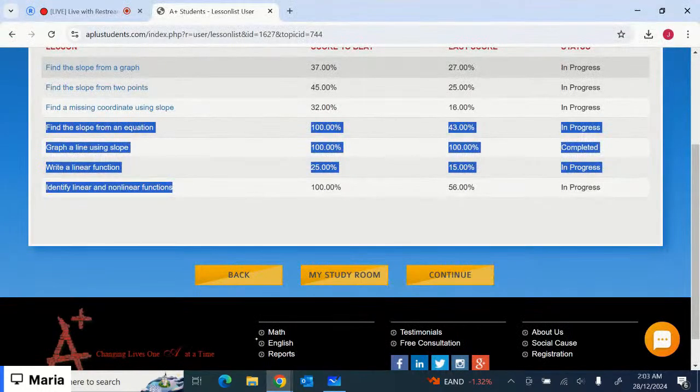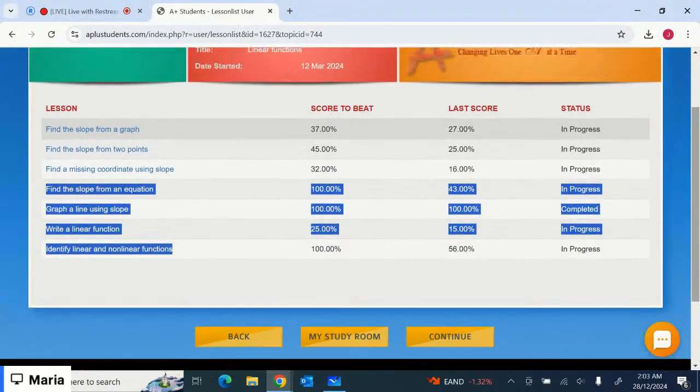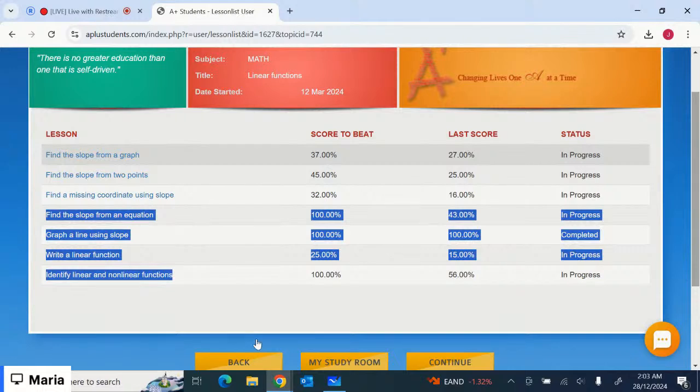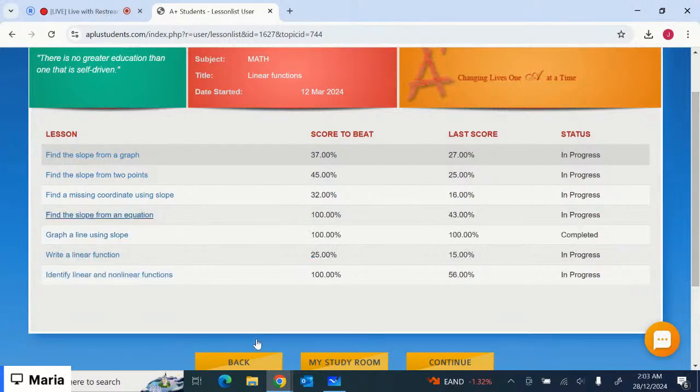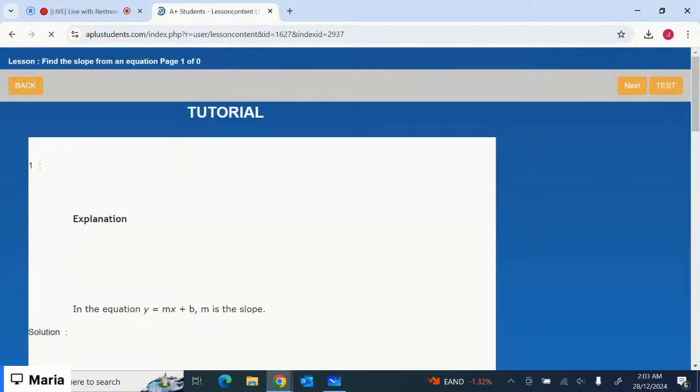So we're going to start with grade 7 math. Here I am on the chapter linear functions. Let's just start with the first lesson, that is find the slope from an equation.